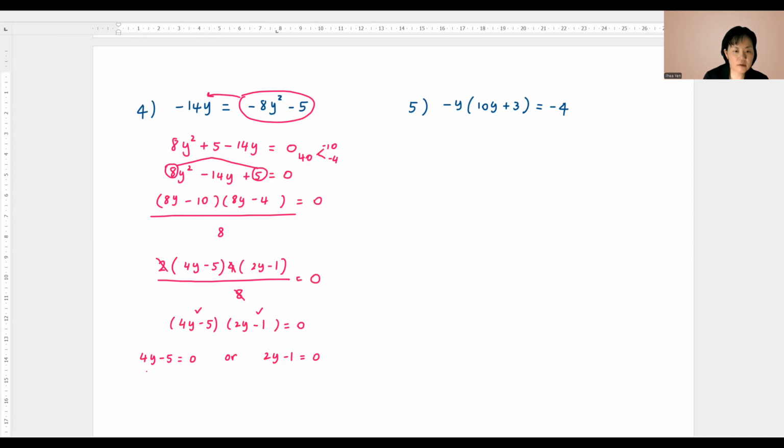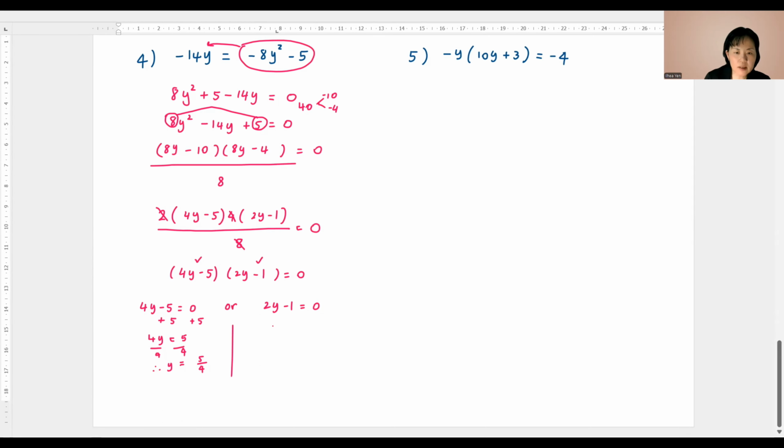Here I'm going to do plus 5 on both sides, so it's going to be 4y equals 5, and divided by 4, therefore y equals 5 over 4. Okay, that's all right. And the second one, I will go plus 1 on both sides, 2y equals 1, I'll divide it by 2, therefore y equals half. So these are my answers.